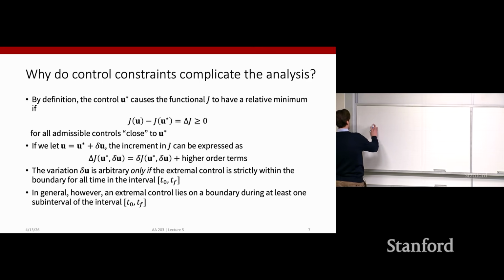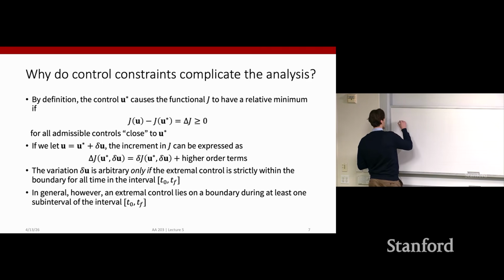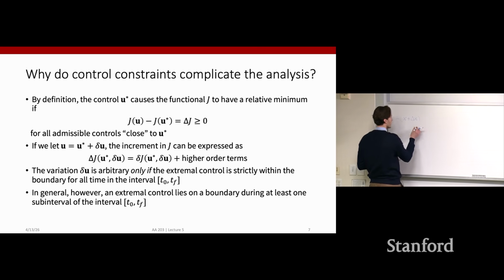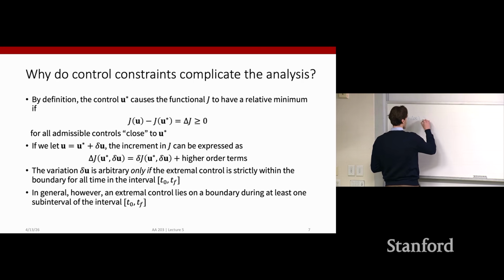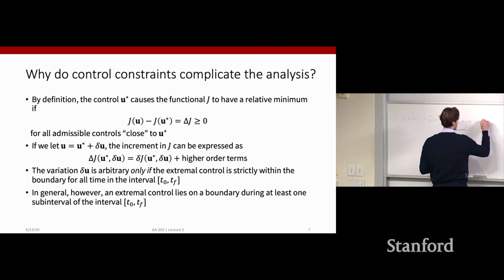Recall from our discussions on finite dimensional optimization, where in order to derive the optimality condition that the gradient of f needs to be equal to 0, we started by looking at the increment of our function with respect to some displacement delta x. And we saw how this could be well approximated by our function f of x plus the gradient of f transpose delta x, which we call the differential, plus some higher order terms.